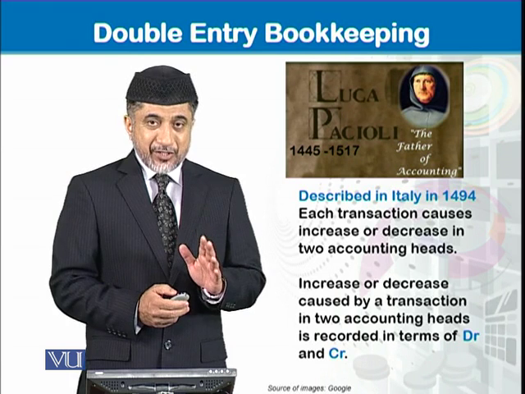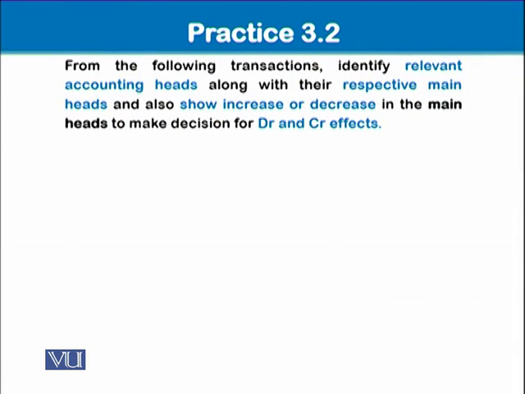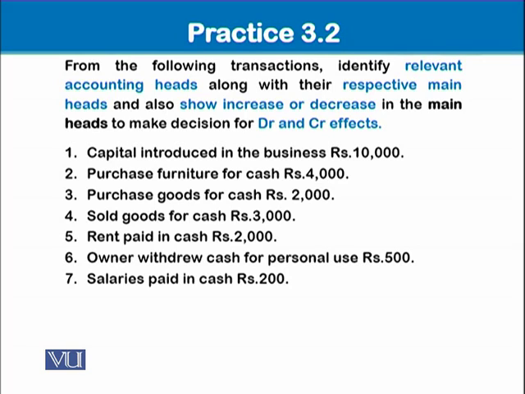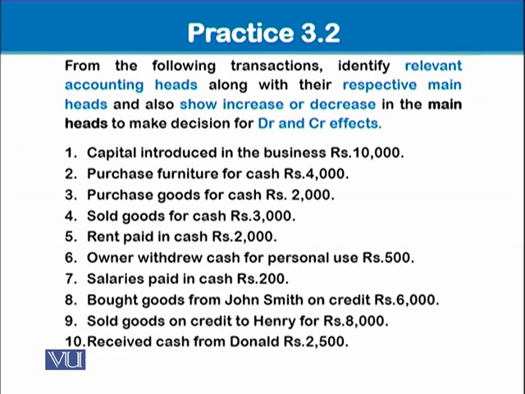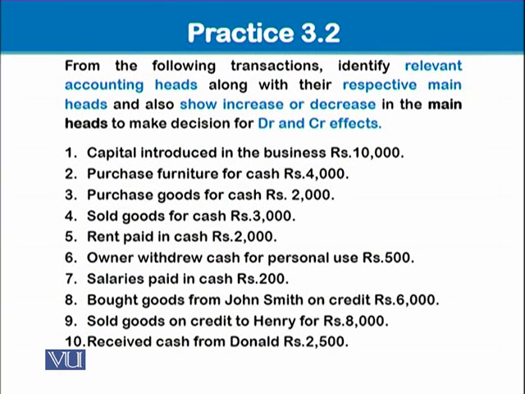So remember this gentleman, Luca Pacioli. Okay, let's start practice to learn this debit and credit. There are few transactions that I will discuss with you, and I will also discuss how to analyze debit and credit for each transaction. Okay, let's start.